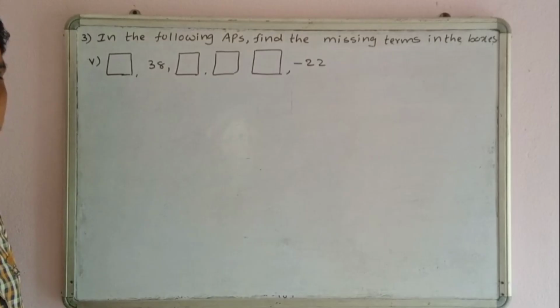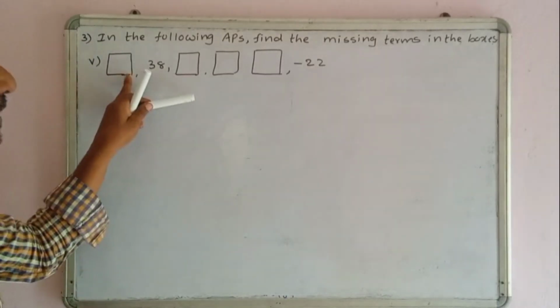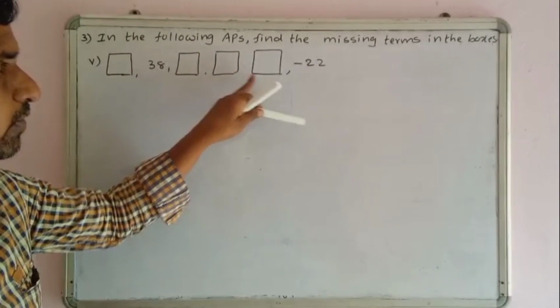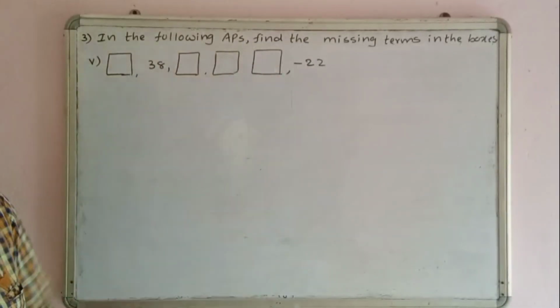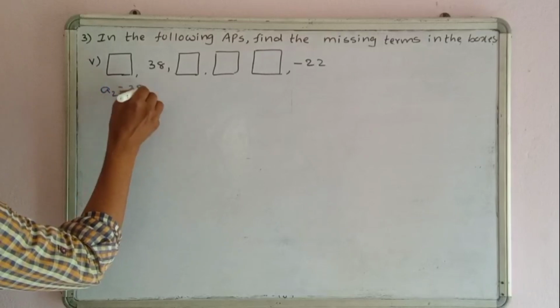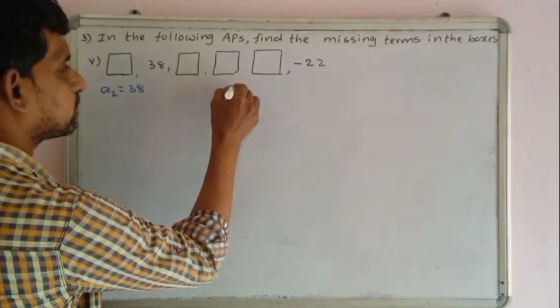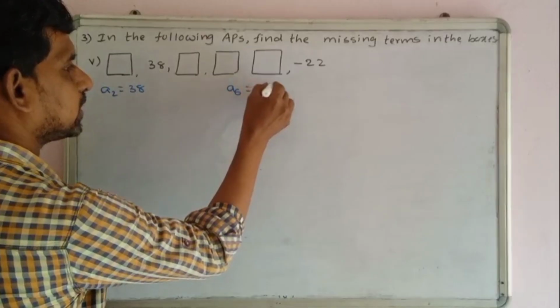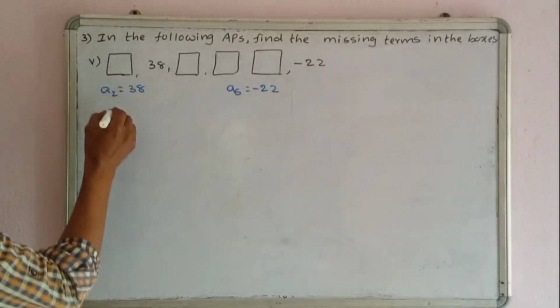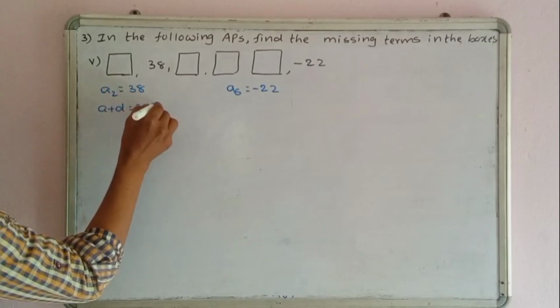Third problem, fifth. In the following APs, find the missing terms. A1, A3, A4, A5 are missing. Now we will find the terms. Given A2 is 38 and A6 is minus 22. So A2 means A plus D equals 38, say it is 1.